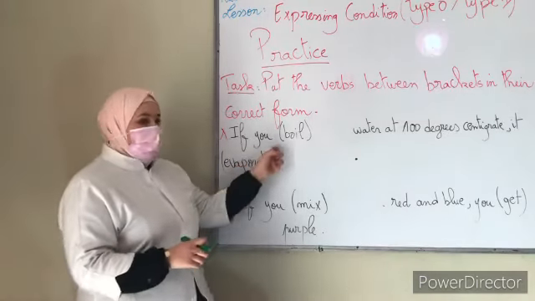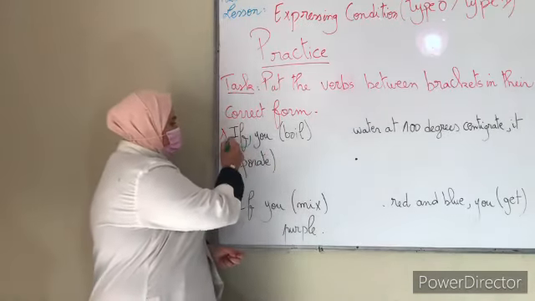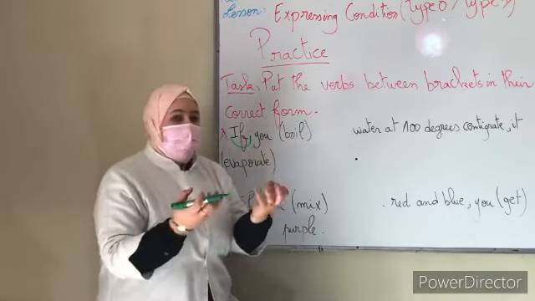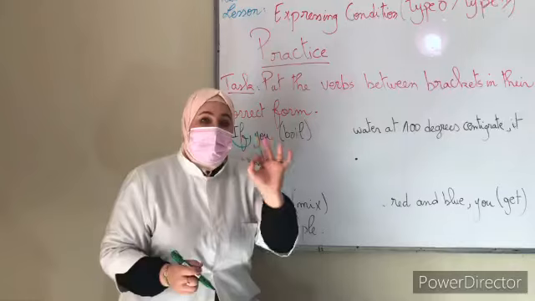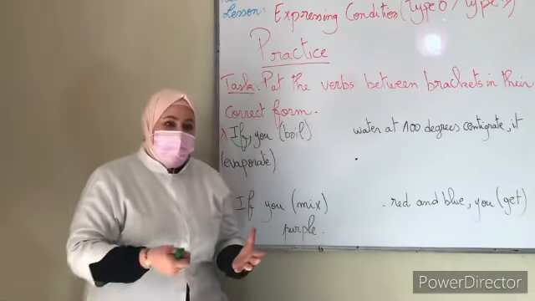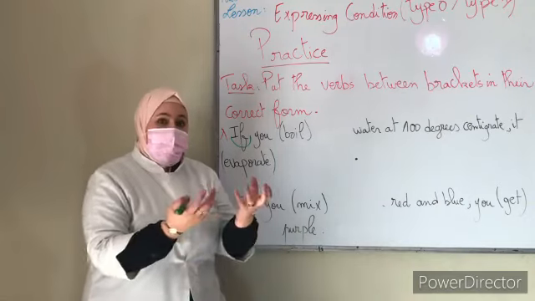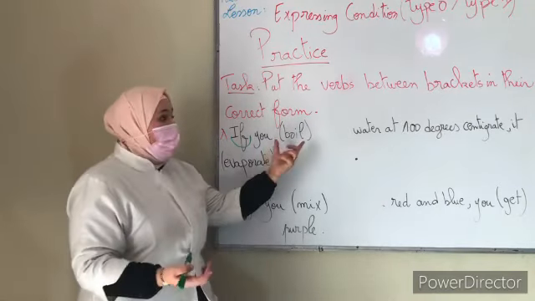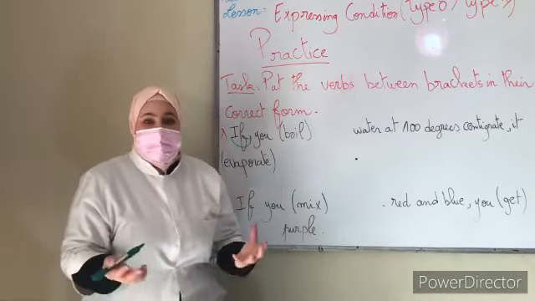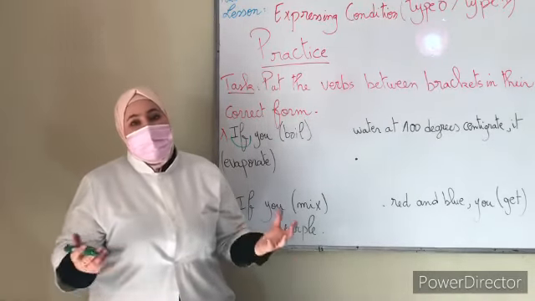So, if you boil, you can see here that the if is at the beginning of the sentence. So if you boil water at 100 degrees centigrade, it evaporates. We all know that when we heat water, it boils. How about when it boils, it evaporates? And of course, this is a scientific truth.